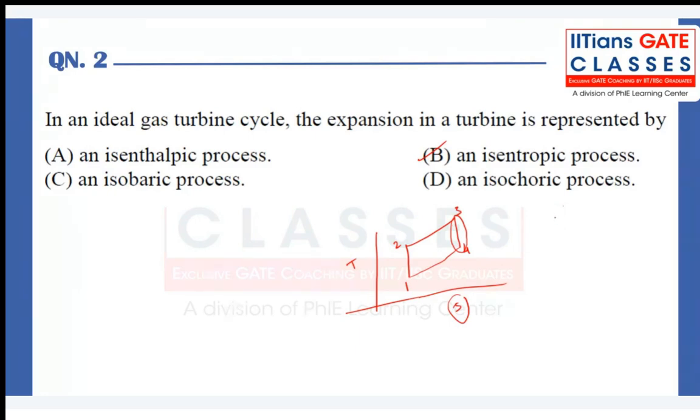The major difference between adiabatic and isentropic is the reversibility. In an adiabatic process there is no heat addition or heat extraction, but it can be irreversible. The process can bring in some irreversibilities, which will result in a rise in entropy.